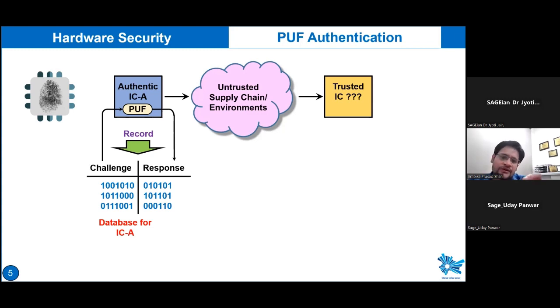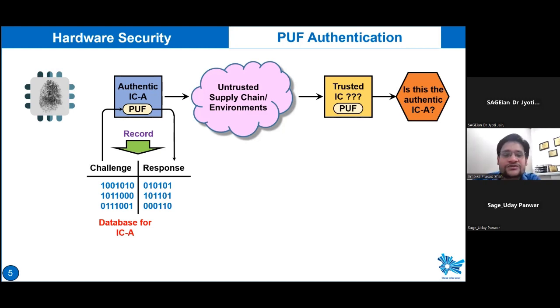The PUF challenge-response pair gives you one way to validate your IC. Because you already know the database for any IC, and that database is in the form of challenges and responses. Once I have received the IC through an untrusted supply chain or untrusted environment, I need to validate whether this IC is authentic or not.